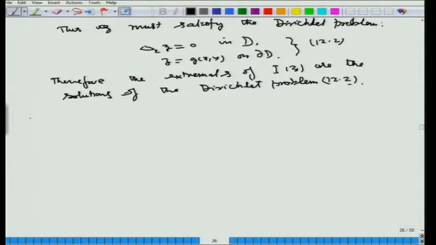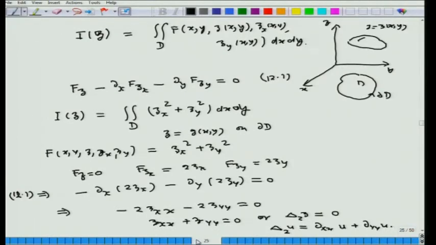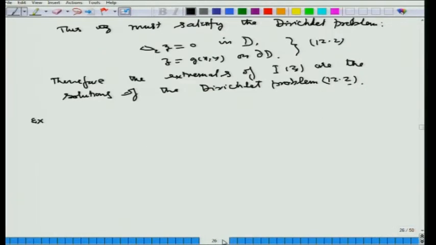Here in the next example, let us give this the name example 12.3. Of course, we considered this earlier also.